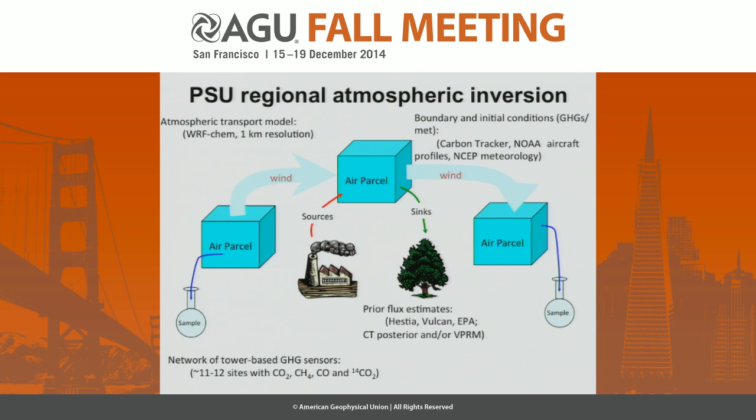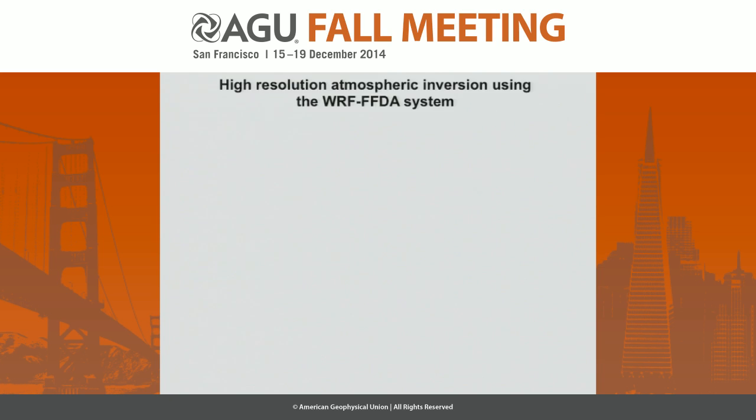So as Tomas and others, I guess Kevin showed this figure as well, so I'm not going to spend a lot of time on it, but sampling upwind and downwind, presumably the changes are impacted by sources and sinks. And using a data assimilation with the WRF Chem transport model, Bayesian inversion is conducted.